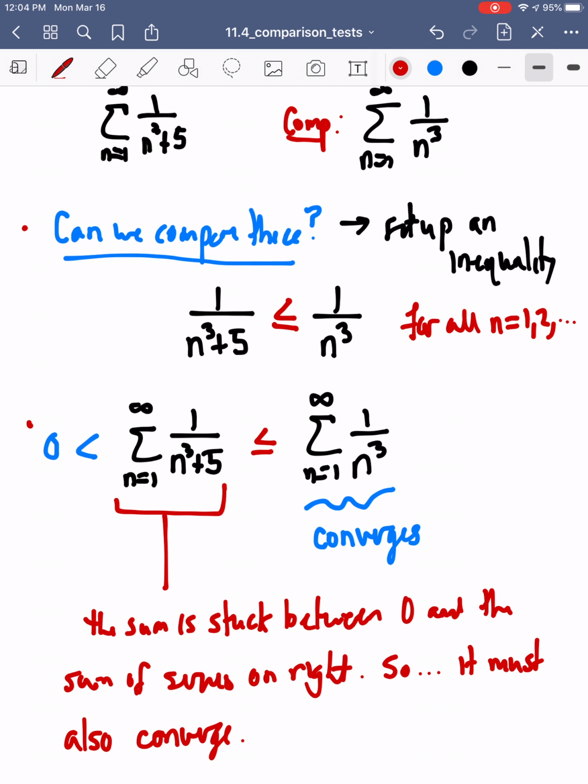But hopefully you see the point here: if we can take our original series and say that it is less than a known convergent series, it must also force our series to be convergent, as long as our series is positive. The opposite will also be true, as we'll see coming up. If we can prove that our series is always larger than a known divergent series, then our series must also diverge. Let's check it out in examples to come.